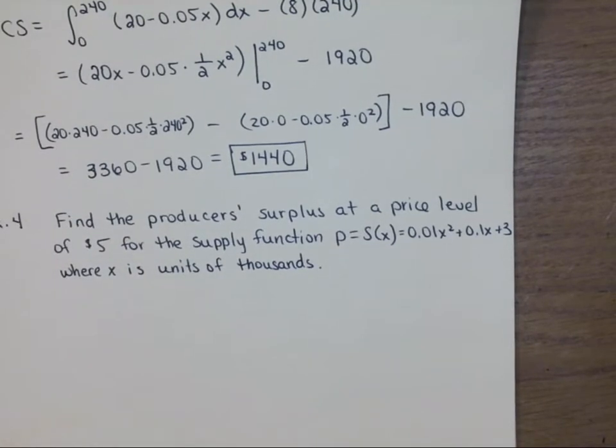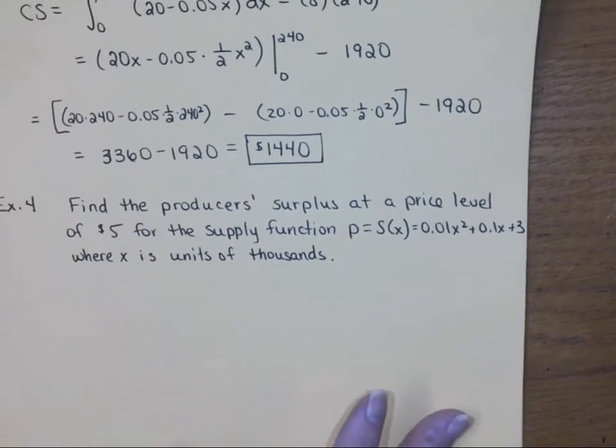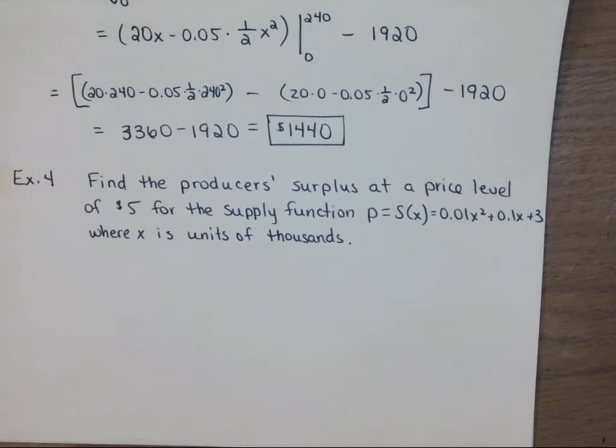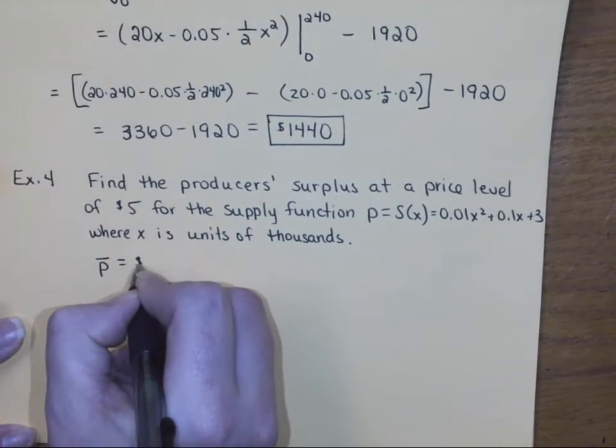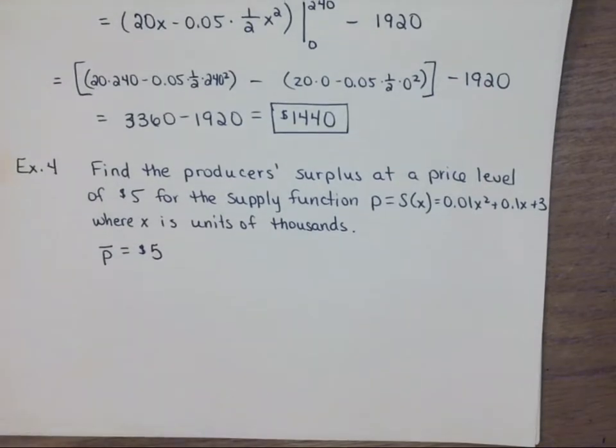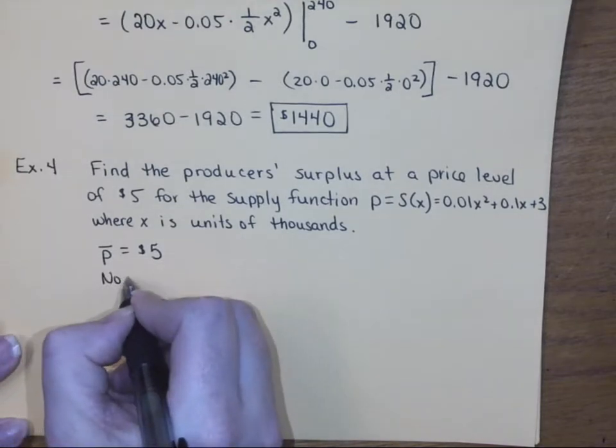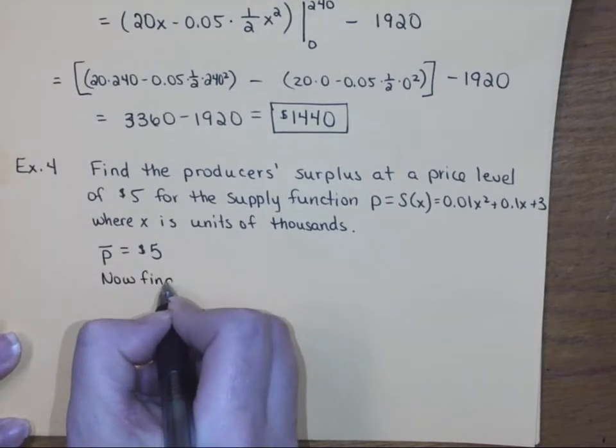Okay, so this is going to require that you pull out your algebra skills. I think the algebra can be the most difficult part of this. But notice, you were given that the price is $5. P with a bar over it just means the price right now. It means the price could change. So now we need to find x.